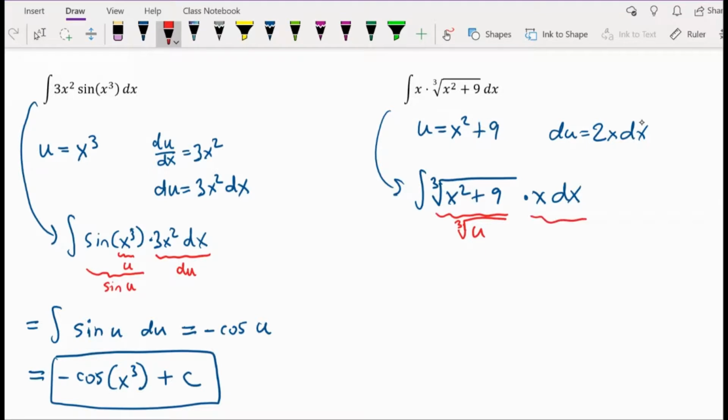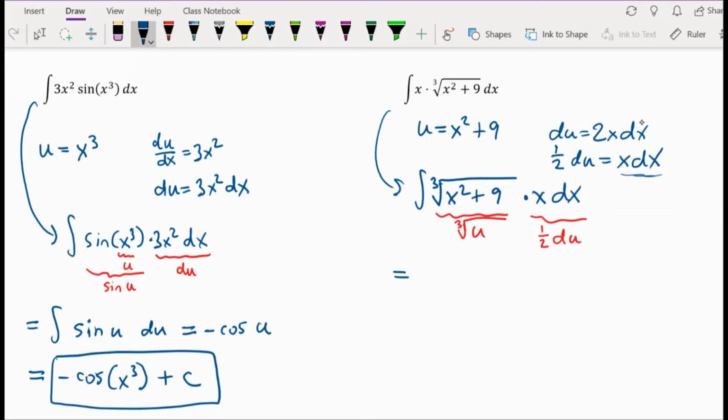This doesn't quite look like du, but it's very similar. If I take the original expression for du and divide both sides of that equation by 2, I get 1/2 du is equal to x dx. So now I can see here the exact expression that appears in the integral. So this part is going to be 1/2 du.